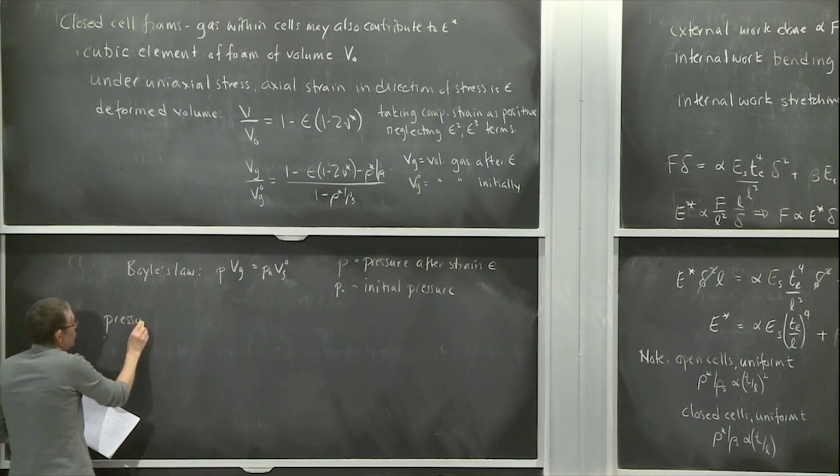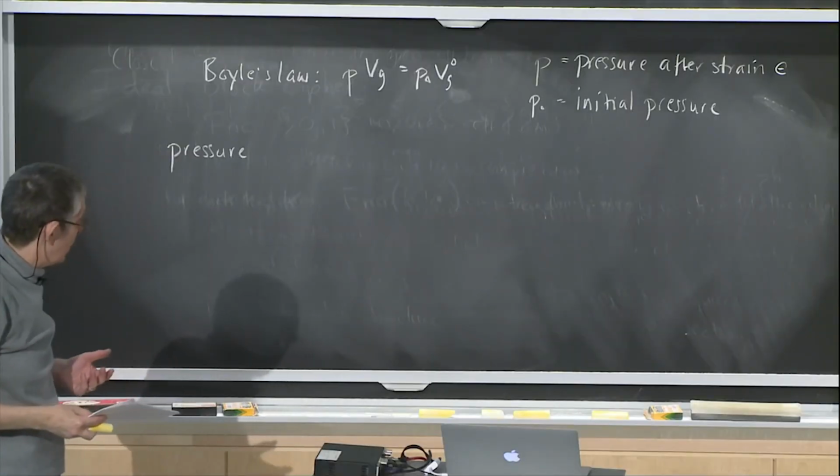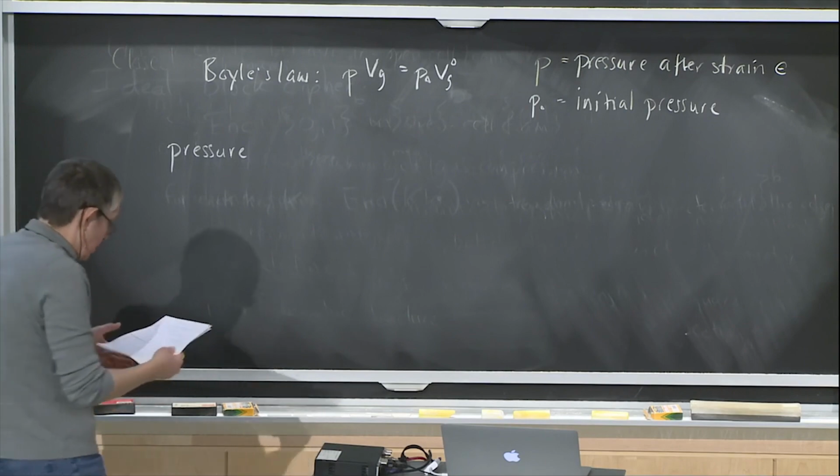And there'll be some initial pressure in the gas even before the stress is applied. That's P naught. So the pressure we need to overcome is P minus P naught.